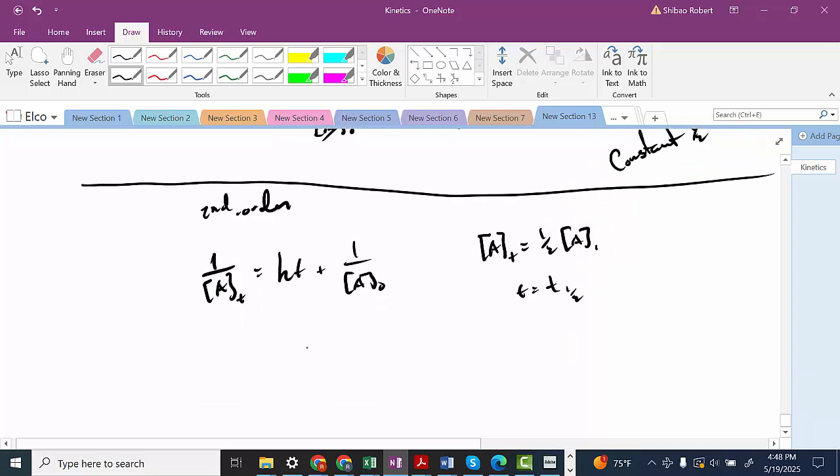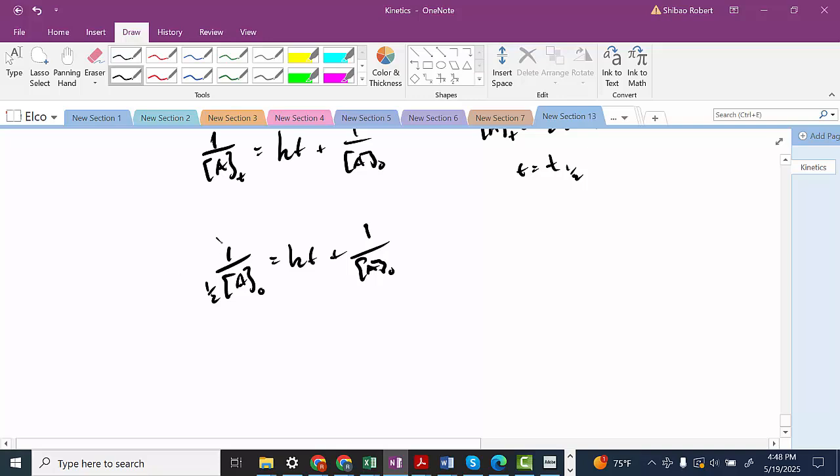And so we just plug that in here. We're going to get 1 over 1/2 A times 0, is equal to kt plus 1 over A times 0. So I'm going to invert and multiply this. So this term changes to 2 over A times 0.